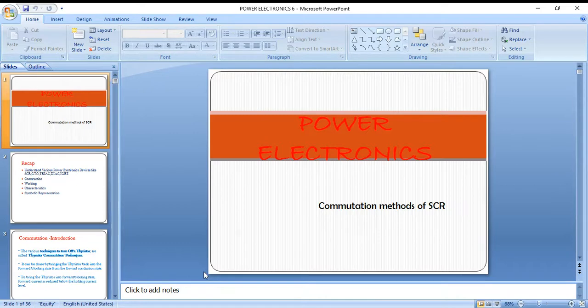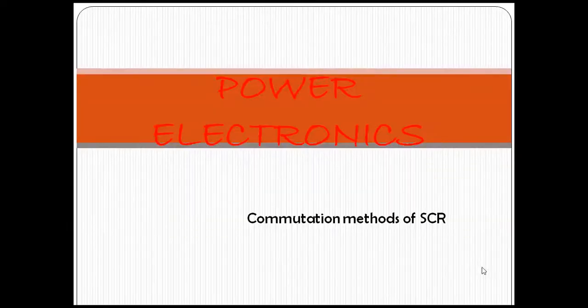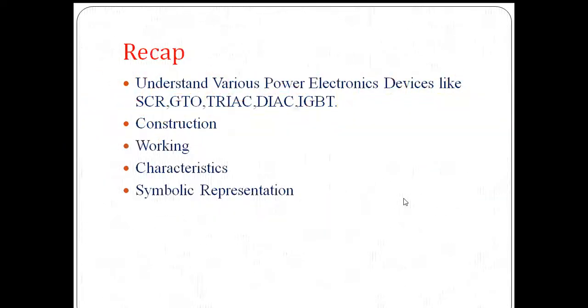But whenever we discussed the characteristics of SCR, we saw that during forward bias, whenever we apply forward bias to the SCR and a gate signal, the device will be in conduction.